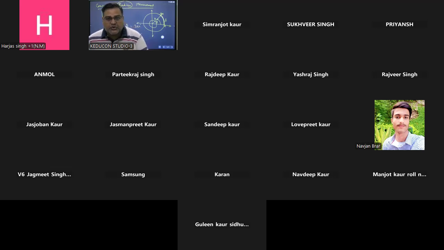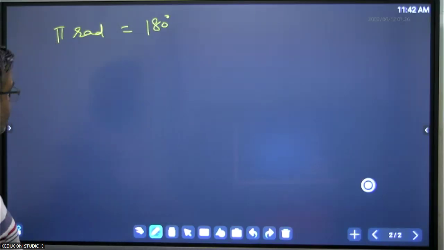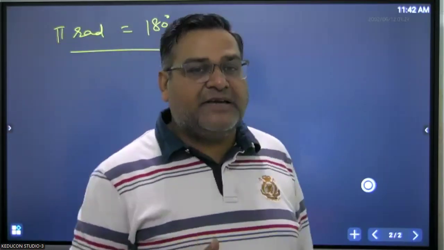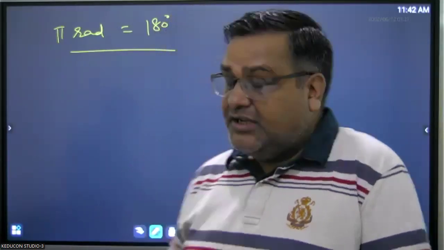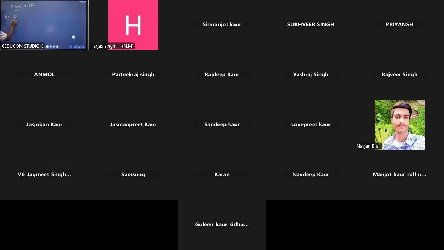Right, students? So the relation between the radian measurement and degree measurement is pi radian is equal to 180 degree. Now, if you have to convert any angle from radian to degree or from degree to radian, how to do this? You have this relation. Suppose the angle theta is 60 degree and you have to convert this into radian measurement.